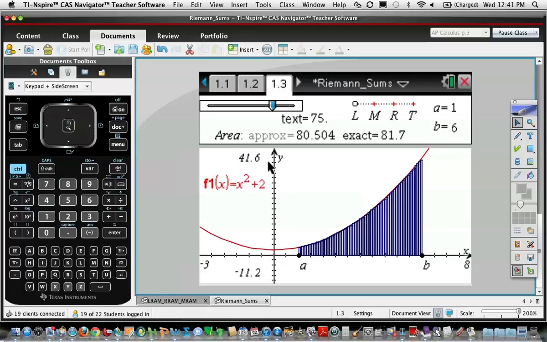Basically we have an area we can't find. So we say, let's do something we do know how to do, which is the area of a rectangle. And then let's put rectangles under there, but they're not really exact. But let's do more and more and more rectangles. And the more rectangles we do, the closer and closer our answer is getting.